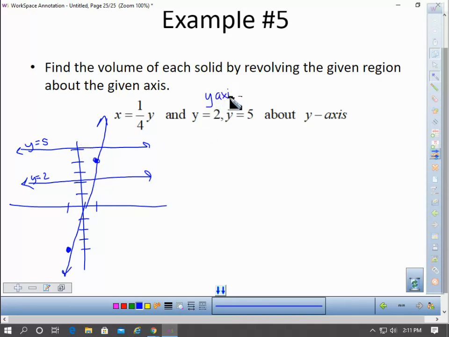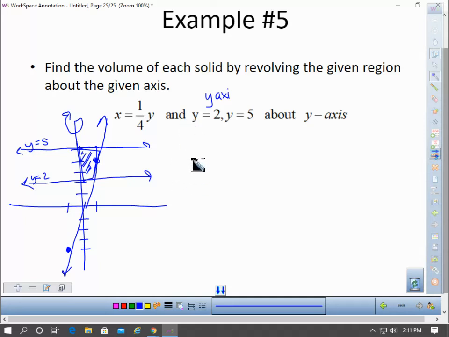That should have been in here too. So we're taking this region here, between the two lines and this line, x equals a fourth y, and the y-axis, and we're actually going to rotate it around the y-axis, okay? So we're rotating around the y-axis.